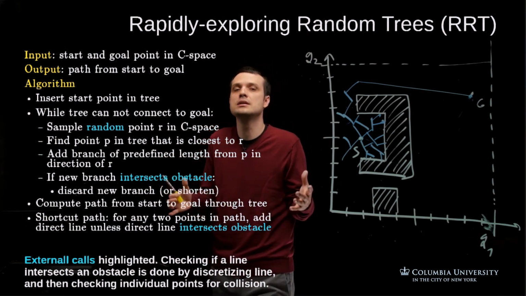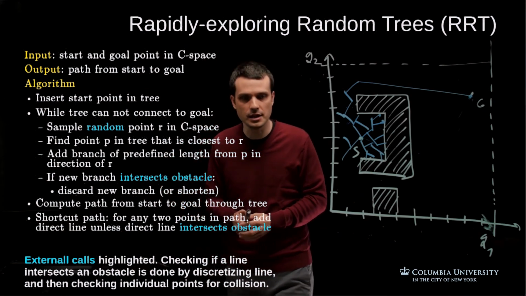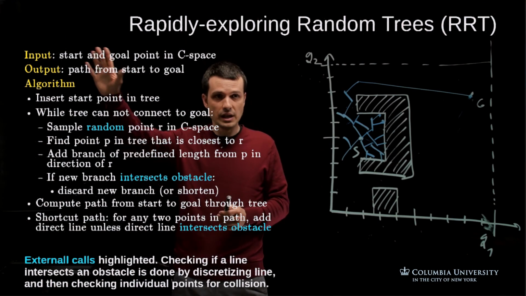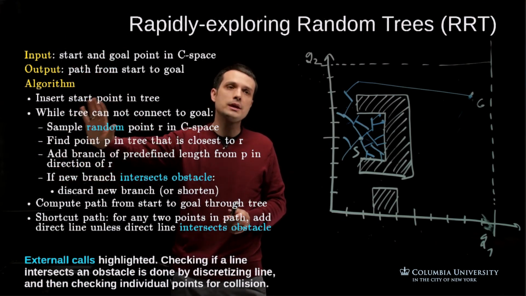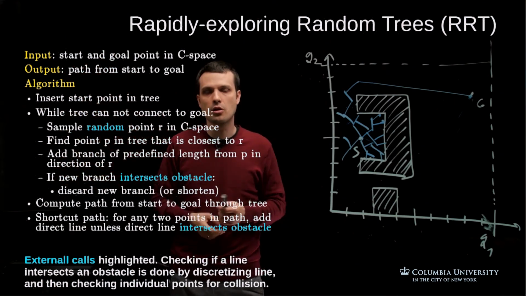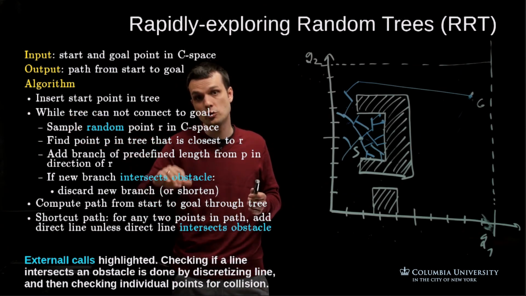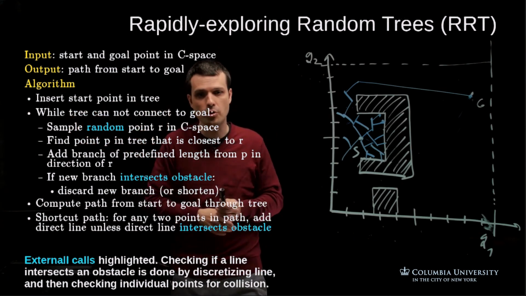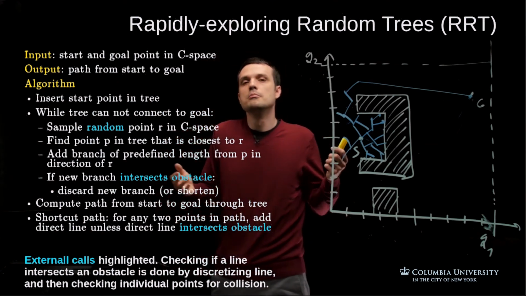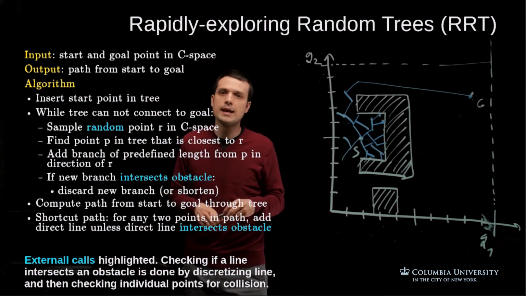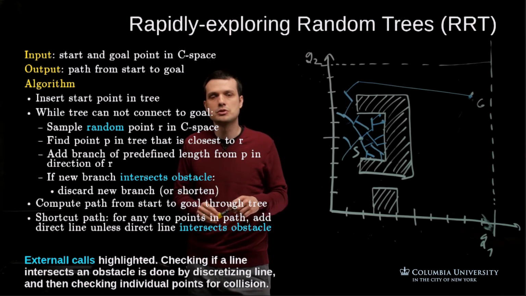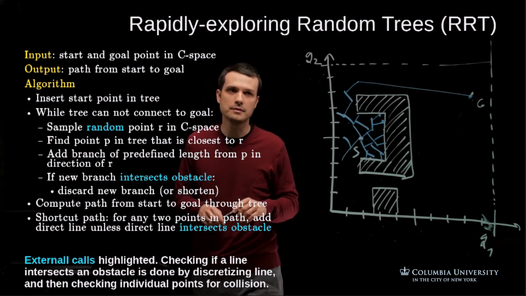One thing to point out, I've highlighted here the external calls. So what do you need in order to implement an RRT? In blue, in this pseudocode, it shows what can be considered external calls to external tools. Obviously, you need a random number generator because you need to be sampling truly random points in configuration space. Most high-level languages these days will have a pseudo-random number generator, which is perfectly fine.